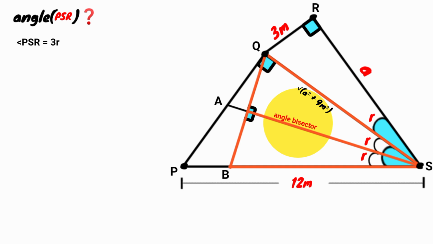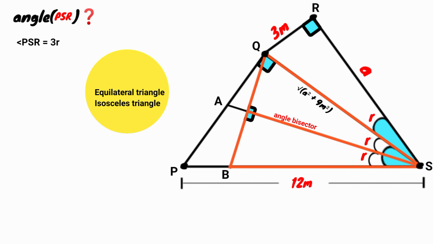We see it is perpendicular to this side. The only two types of triangle which have an angle bisector perpendicular to the opposite side are the equilateral triangle and the isosceles triangle. It doesn't matter though which one it is.